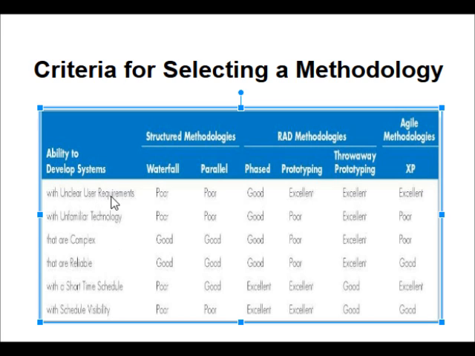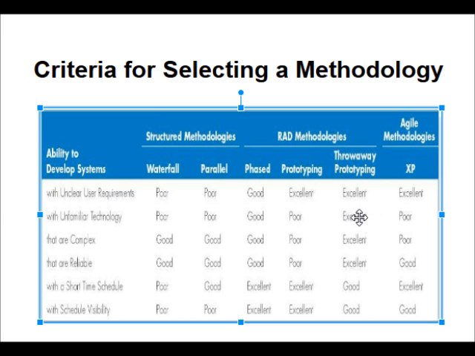With unclear requirements, waterfall will be poor, parallel will be poor, phased will be good, prototyping will be excellent, throwaway prototyping will be excellent, and agile methodology will be excellent. With unfamiliar technology, again waterfall and parallel are poor, prototyping is poor, and agile is obviously poor because we are not familiar with the technology.